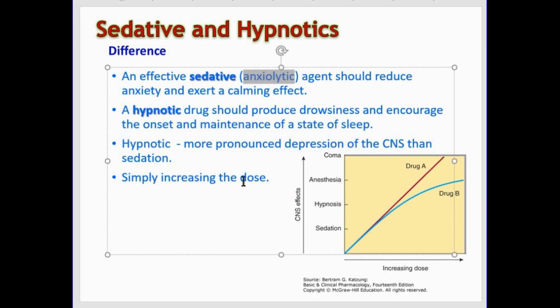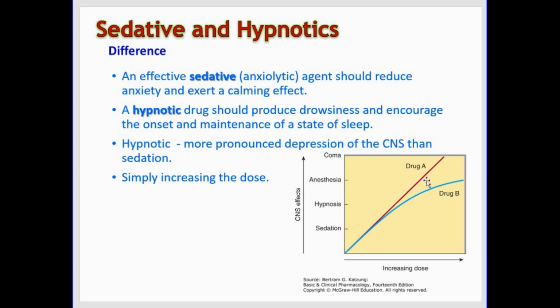By simply increasing the dose, some of these drugs can actually produce effects going from sedative to hypnotic. If you look at this graph, the x-axis has the increasing dose and the y-axis has the extent of CNS depression. This is low CNS depression, and this is super high CNS depression.